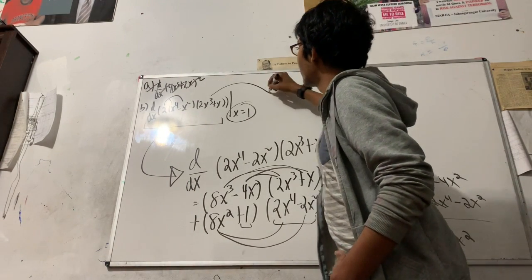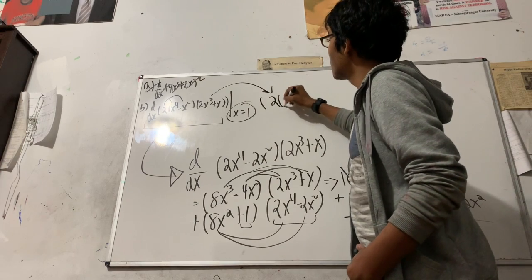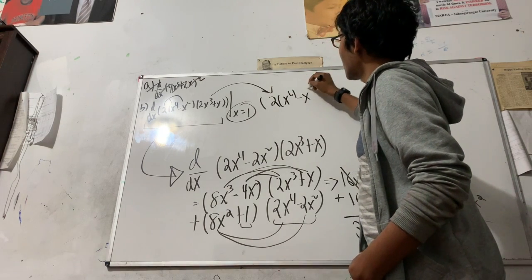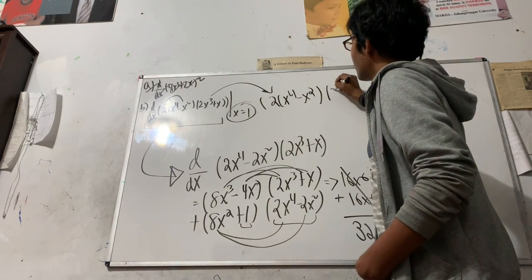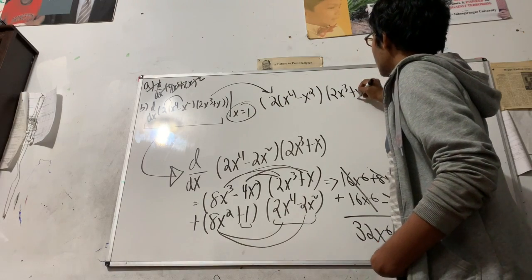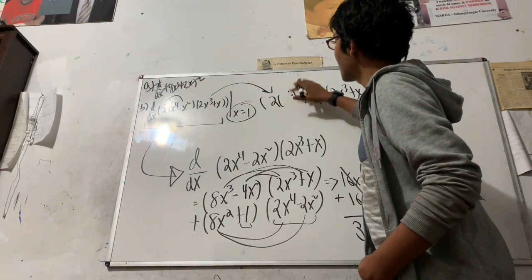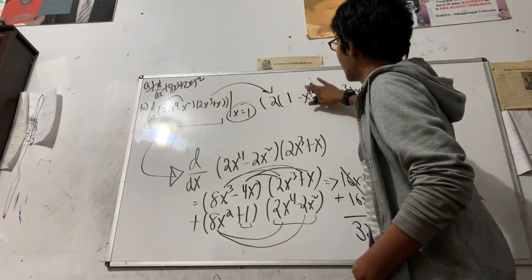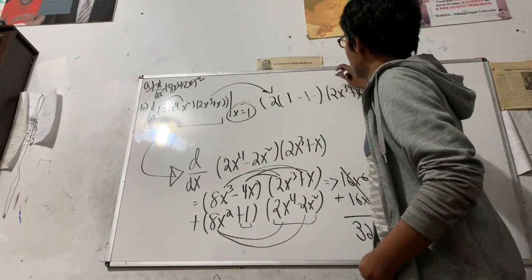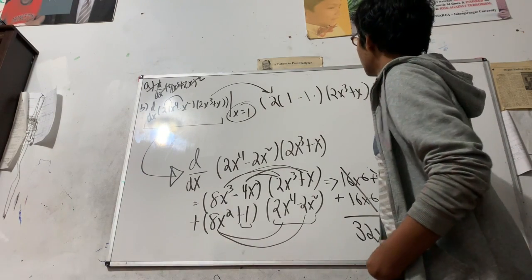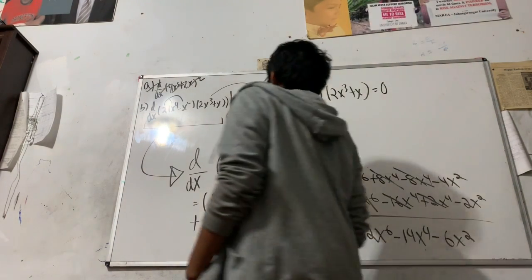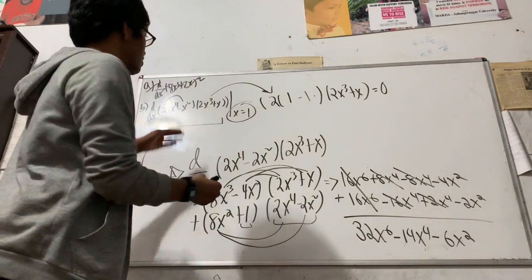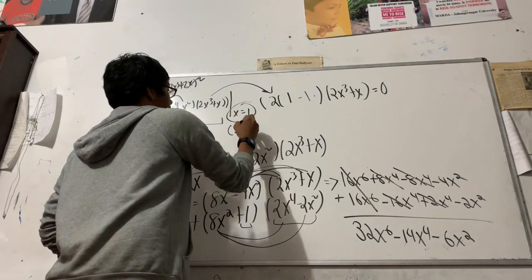Let's bring this function over here. 2x to the 4th minus x squared times 2x cubed plus x. Now we're just going to replace x by 1, right? And it seems we're going to get 0, right? So that means we're trying to find the tangent line of this function at (1, 0).